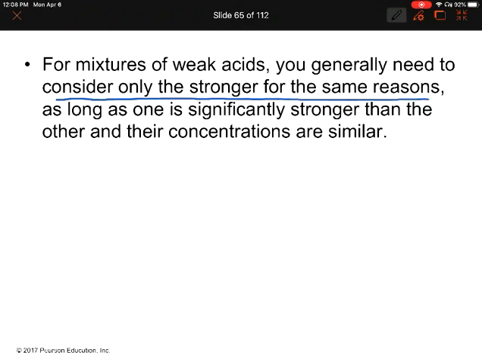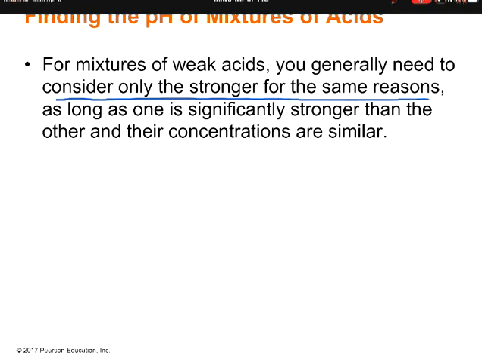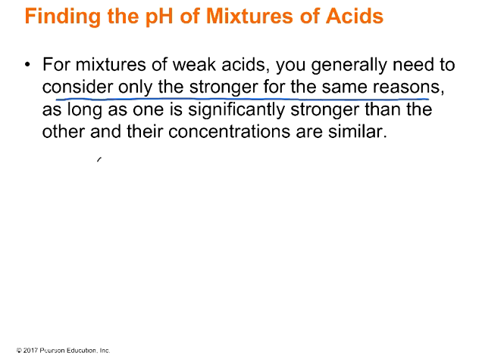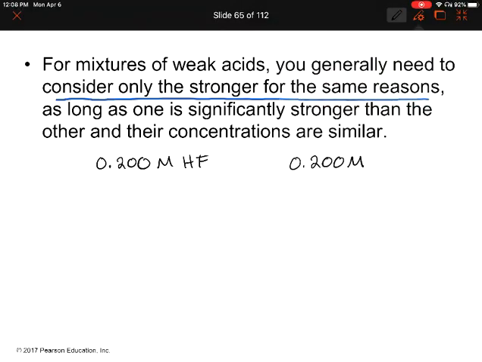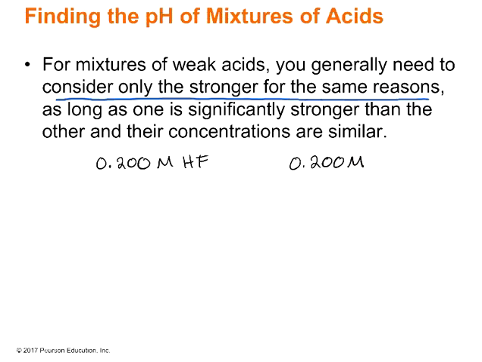So let's say that we have a mixture of 0.2 molar hydrofluoric acid and 0.2 molar hypochlorous acid. Oh, I'm writing the wrong thing. Let me fix that. So HClO is hypochlorous acid.